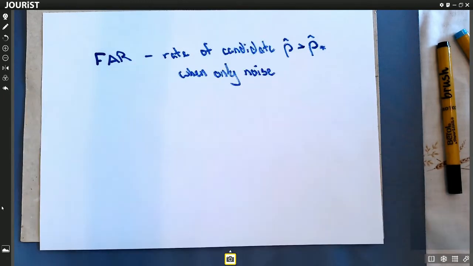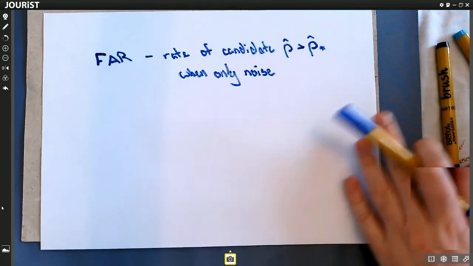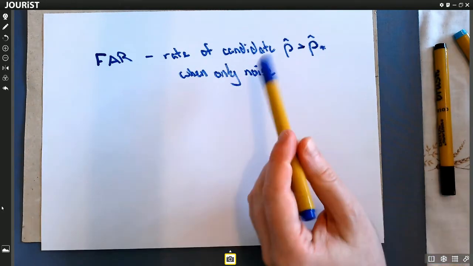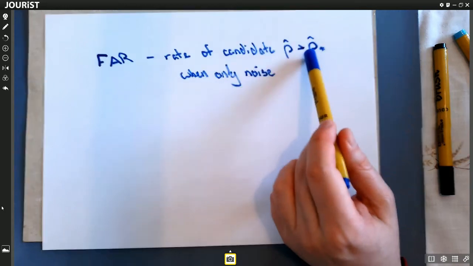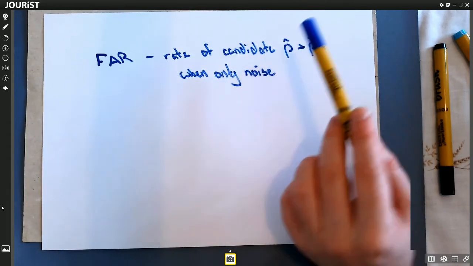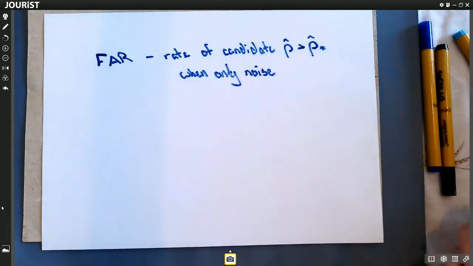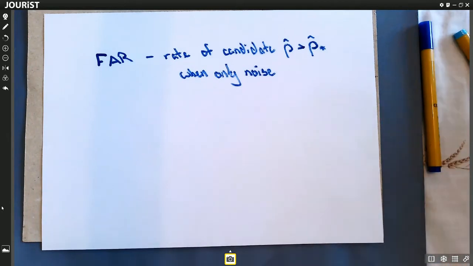So given the hypothesis that there's only noise in our detectors, how frequently would we get a ranking statistic equal to or higher than the one observed? And this is what the false alarm rate is. This is what the significance of the events is often associated with.